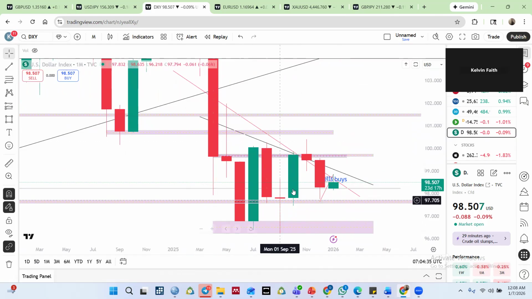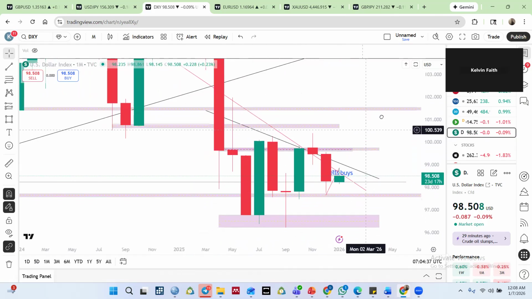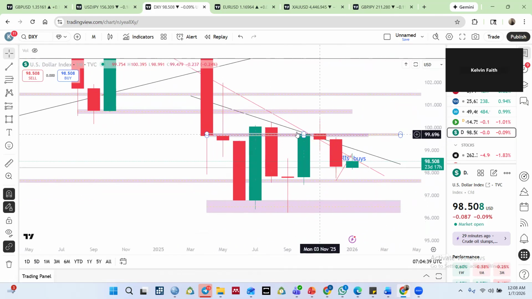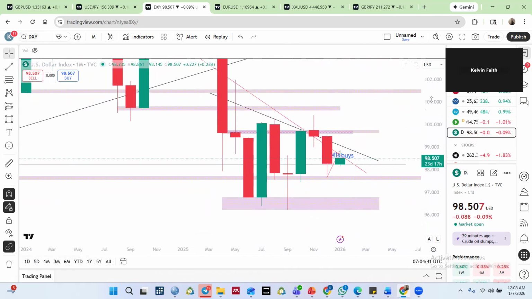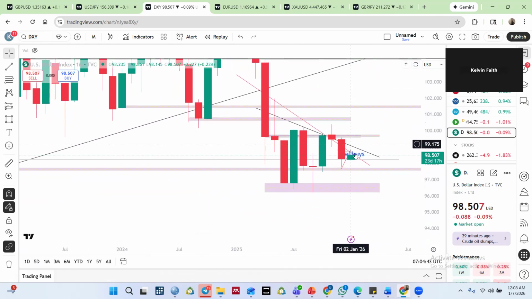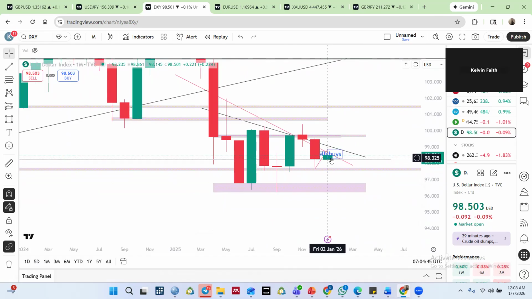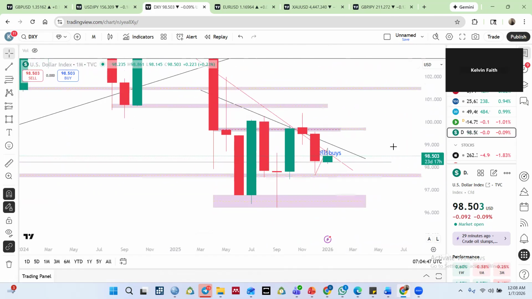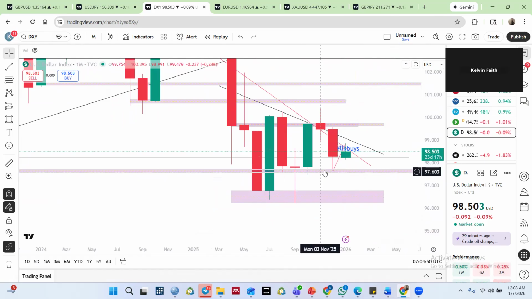Even though the market is in a range, we are trading below a support zone, which means there is a higher chance for this new monthly candle, which is the month of January 2026, to reject and push down because we are trading below support right now. So it looks like sellers are in charge right now.